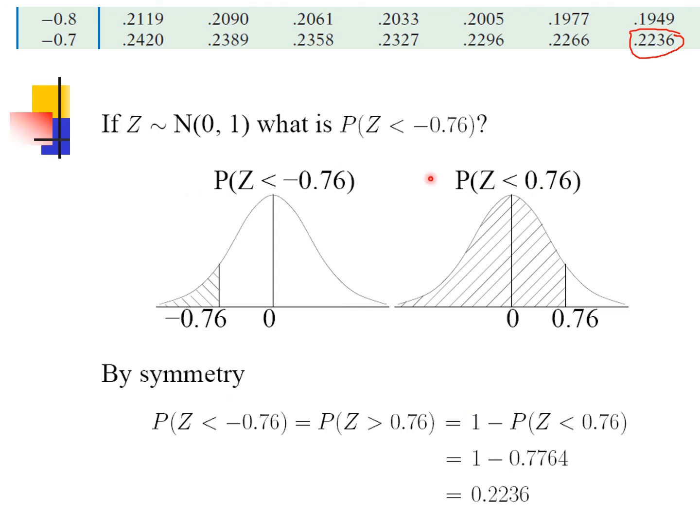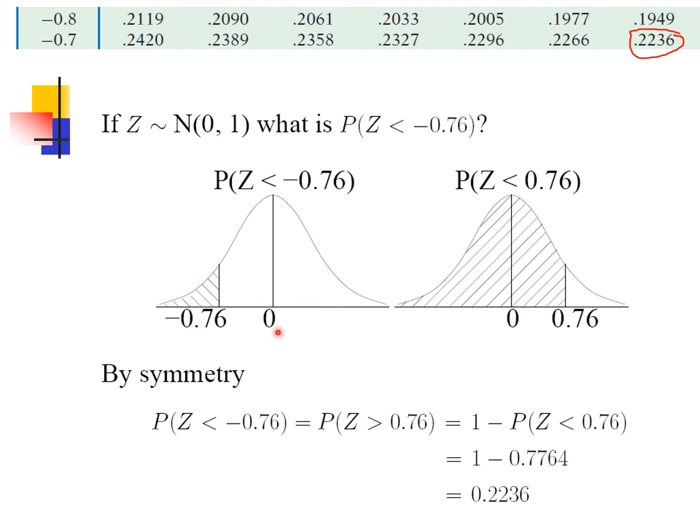Okay, let's see the next question. It says find the probability for z less than minus 0.76. So first let's draw this graph over here. Minus 0.76 would be somewhere here. You want to find the z value less than this. So this is the area you've got to find.